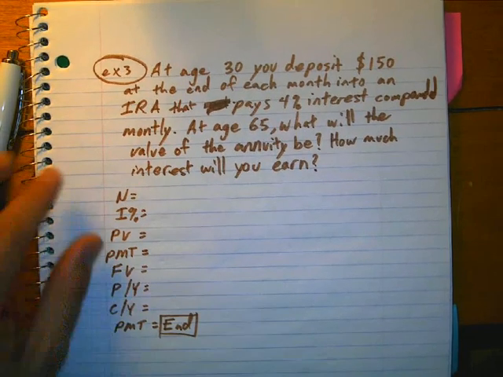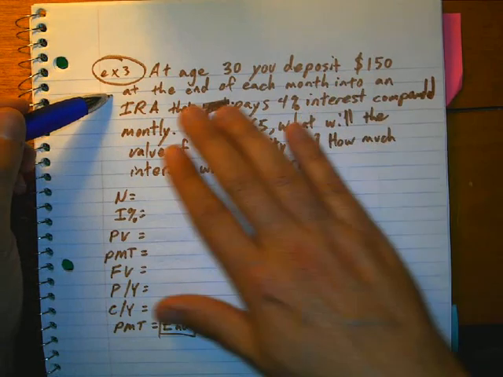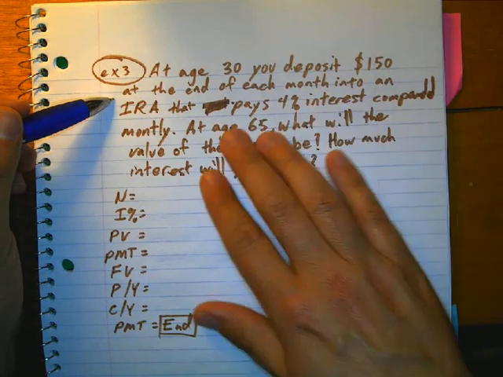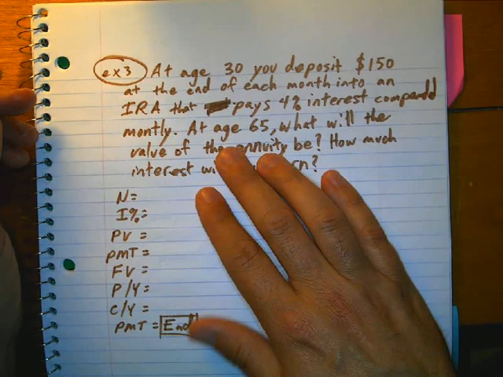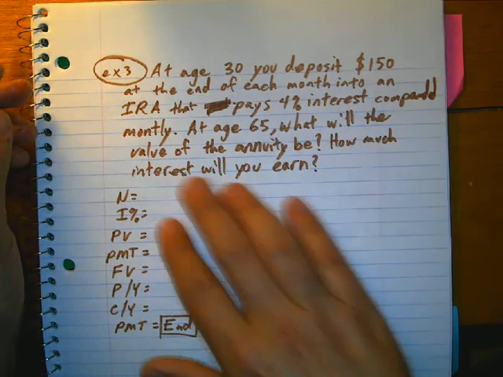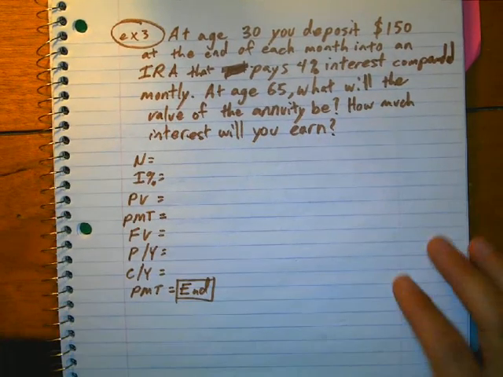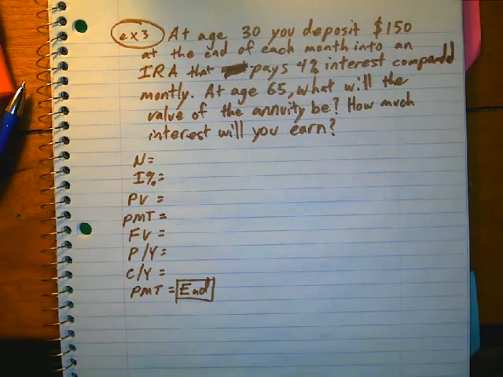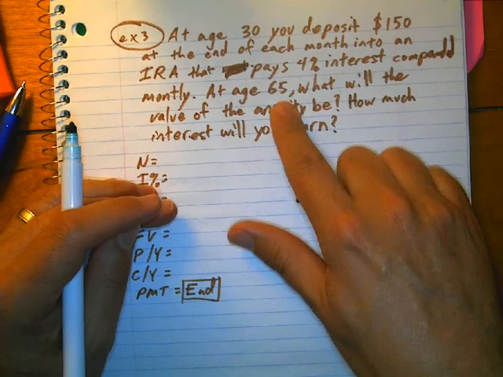Okay, at age 30, you deposit $150 at the end of each month into an IRA that pays 4% interest compounded monthly. At age 65, what will the value of the annuity be? How much interest will you earn? Okay, so the first thing I'm going to do is, at age 30 you start, age 65 you stop.